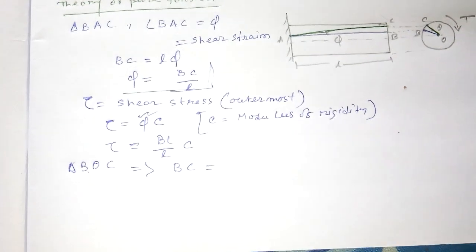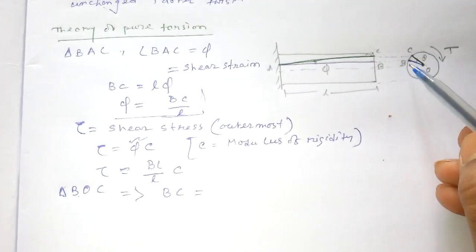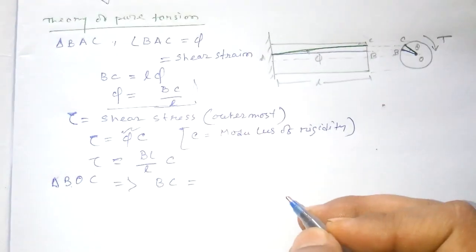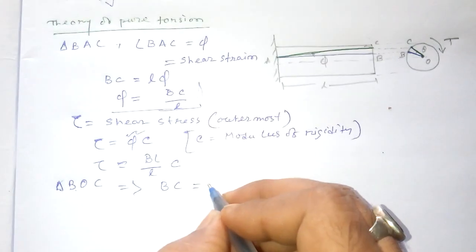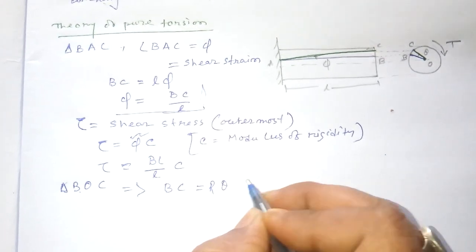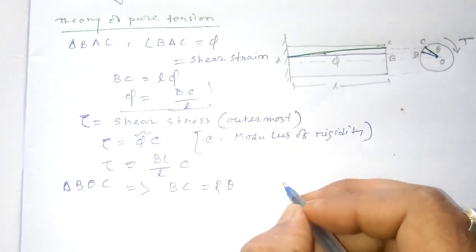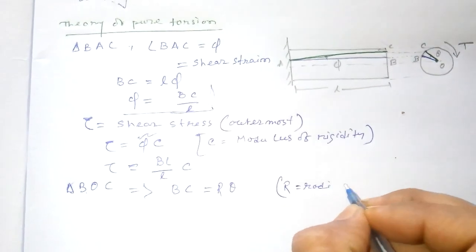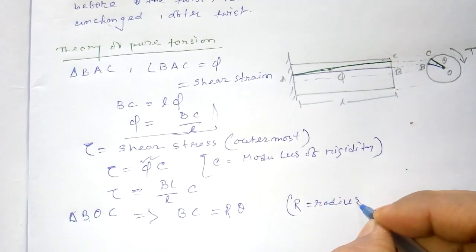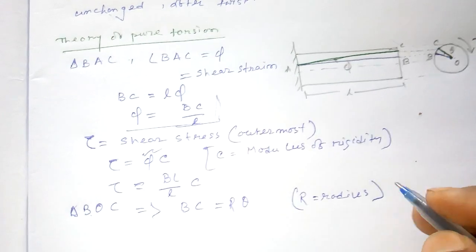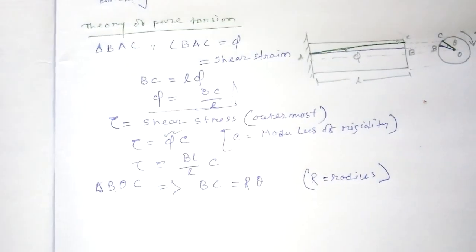If theta is small, we can say the arc BC and the straight line BC are almost the same, so BC is equal to R theta. If we consider BC as an arc, this will be R into theta, where R is the radius, right? So we can say this BC is equal to this.